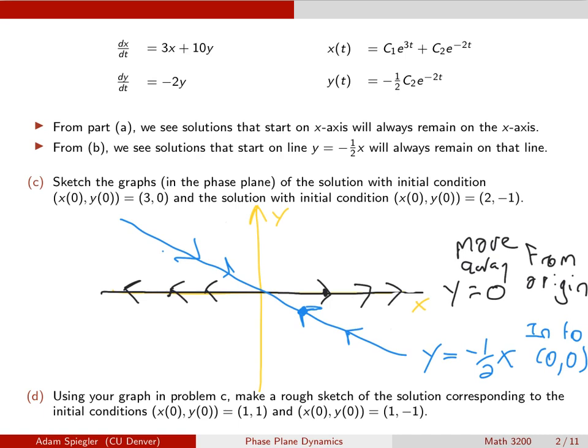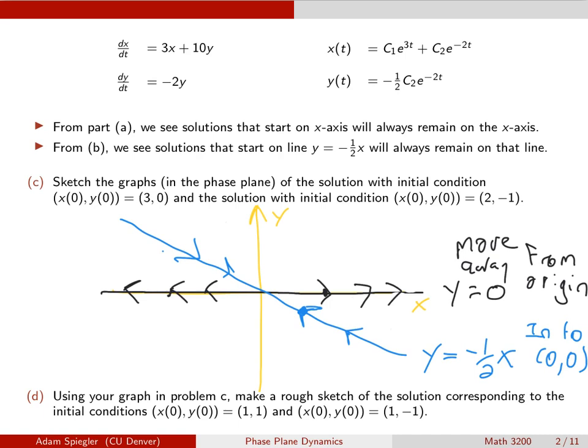And similar to nullclines, here we have a couple of really special lines in the phase plane where I know that a solution that starts on this line is going to stay on that line. And that's going to allow us to fill out the rest of the phase plane.